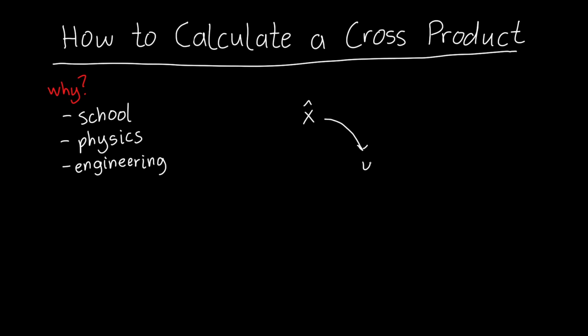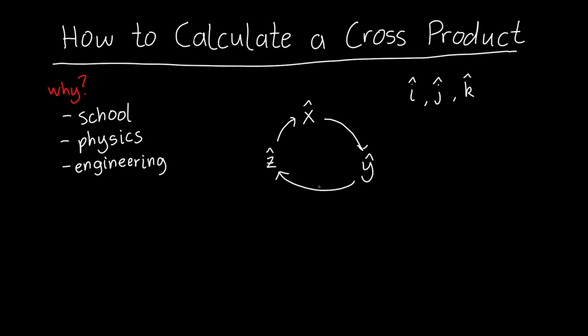So x goes to y, which goes to z, which goes back to x. And so these are the unit vectors in the x, y, and z direction. You might also know them as i, j, and k. That is an alternative notation that I think is somewhat less sane. So really all we need to remember for calculating cross products is this single picture here.